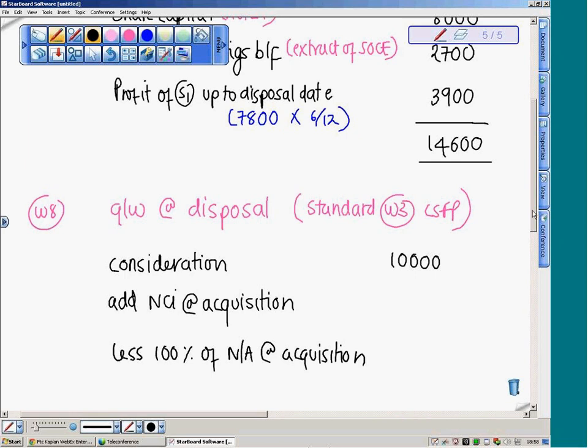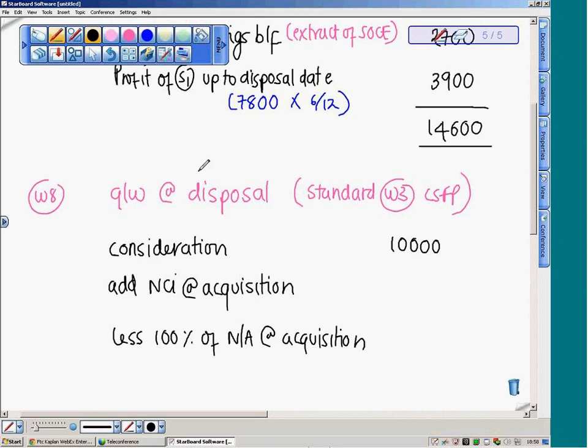Now NCI at acquisition, they explicitly told us this number, but we can work it out because the NCI at acquisition is essentially the NCI percentage multiplied by the net assets at acquisition.